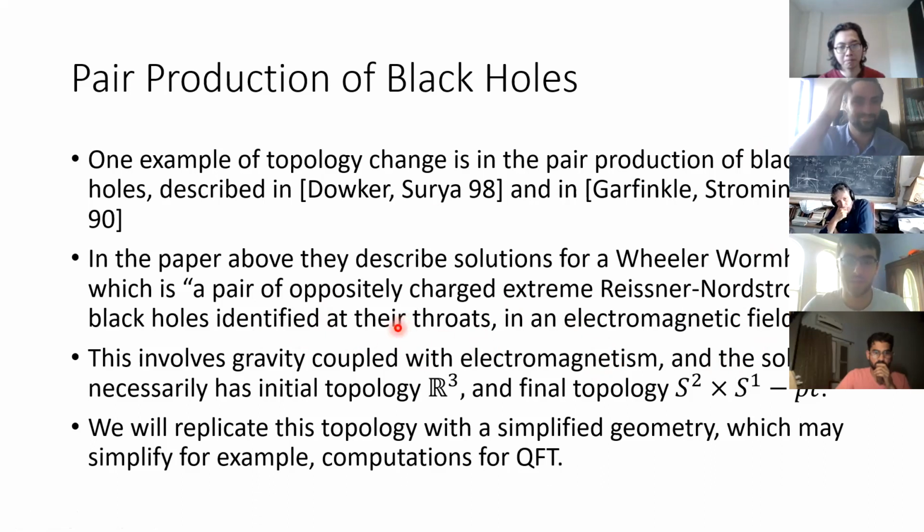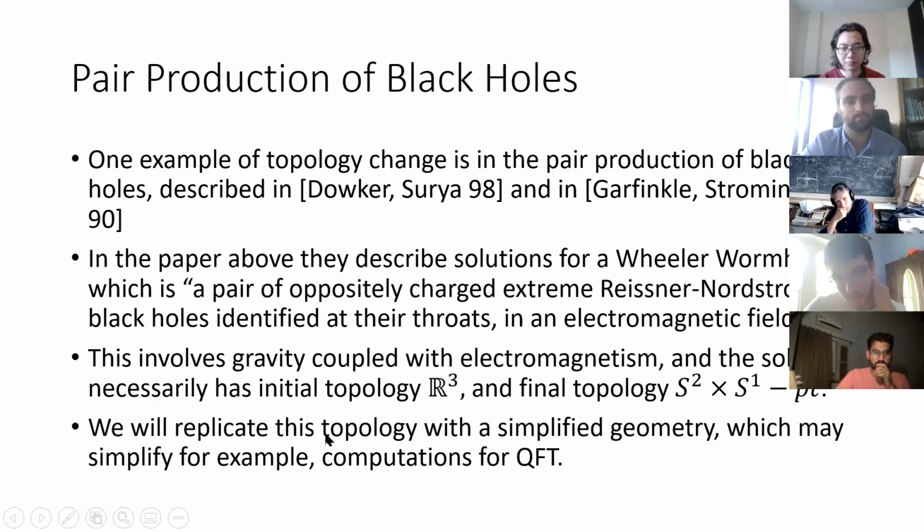The basic idea is that they solve the equations and get out a particular topology, with initial topology R^3 and final topology S^2 cross S^1 minus a point. So it's a sphere cross a circle with a point taken out, so it's no longer compact. If you solve the equations for the pair production of black holes in the background of a magnetic field, you get this topology out of it.